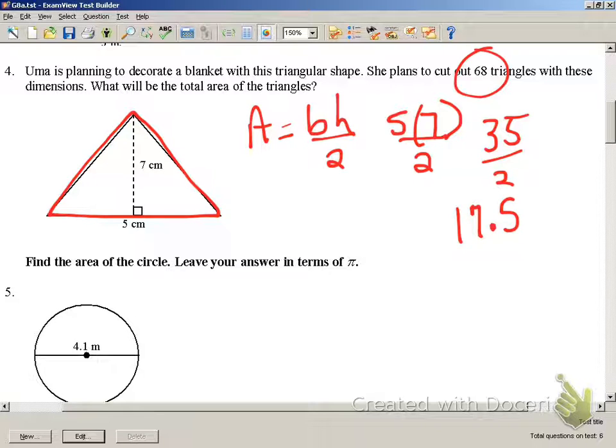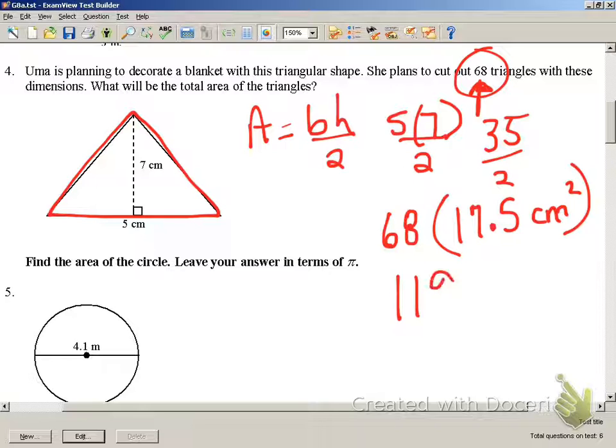And I'm going to take that 17.5 square centimeters, and now I'm going to multiply it by 68 because there's 68 total triangles. So if I say 17.5 times 68, you do that for me. 1,190. So it's going to be a total area of 1,190 square centimeters.